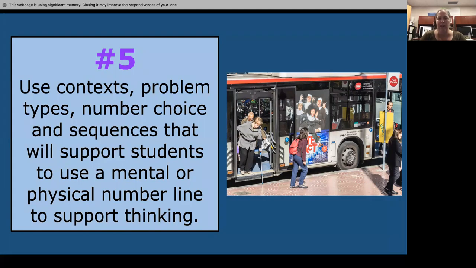So we just talked about that with this join change unknown problem: because there's a joining action, it will encourage students to think about adding up to find the distance or the difference. Number choice and putting those number choices into a sequence, so one problem after another, will support students to use maybe a mental or a physical number line to help support their thinking. So something like a long distance race, for example, with different checkpoints might help them to think about a number line.